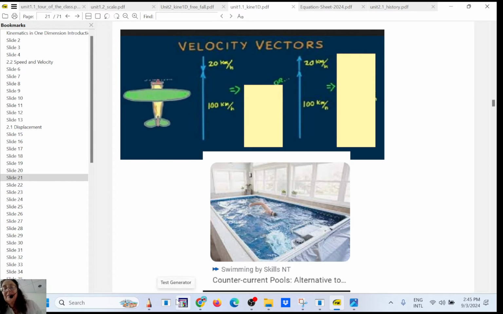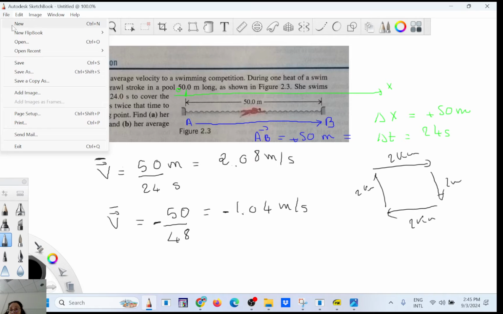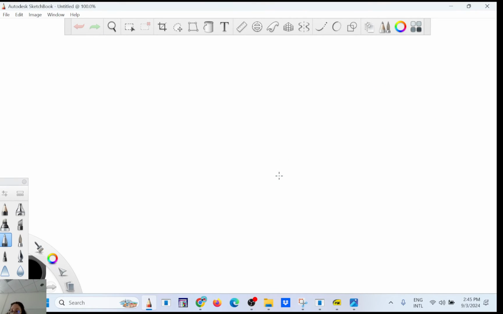So there is another demonstration that you do not want to do because it looks very dangerous to me. But it depends on your frame of reference. So let's see if I can find this.